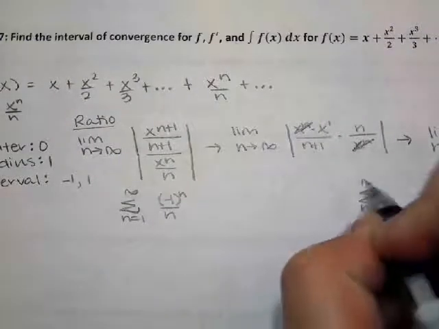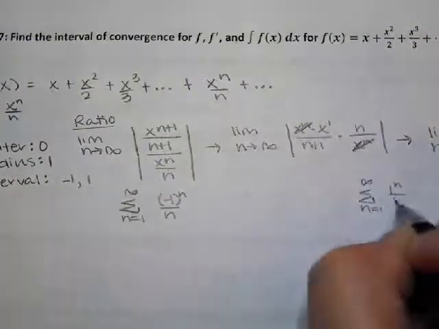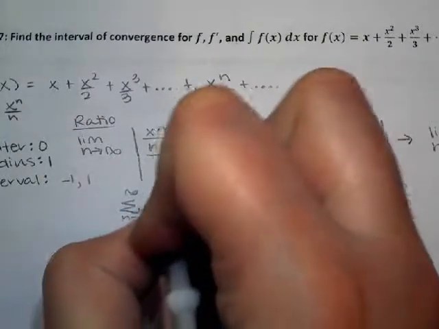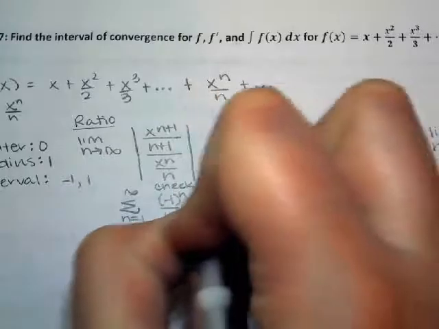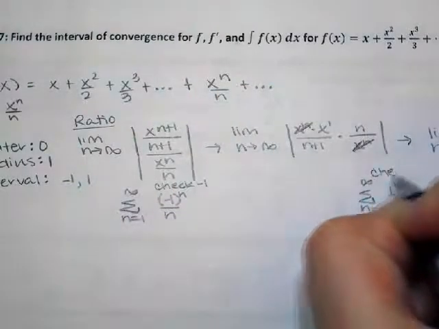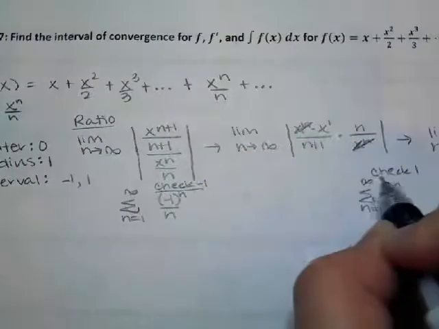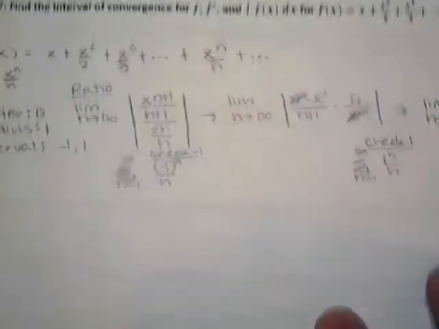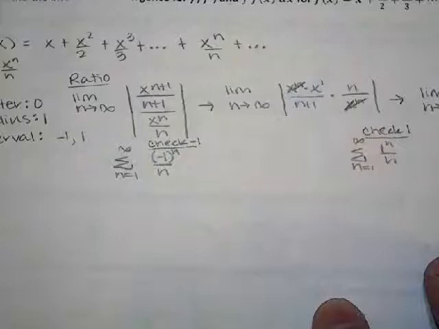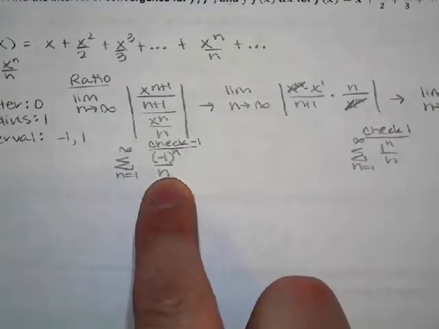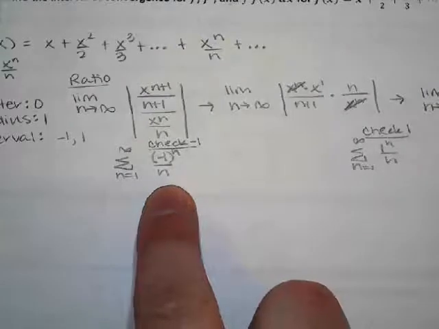Here we are checking +1. Okay. So when we check -1, what test is this? It's not the nth term test. It's not geometric. It's an alternating series because it's -1 to the n, so we're doing the alternating series test.